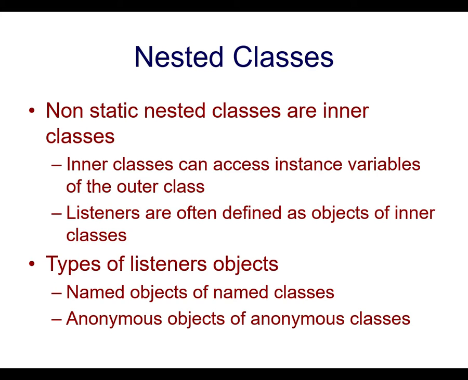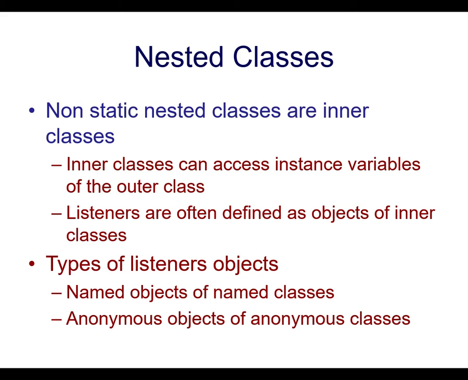Although the first version of Java did not include nested classes, they were included in version 1.1 at the same time that Swing and a new event model were introduced. There are two types of nested classes, those that are static and those that are not. Non-static nested classes are usually referred to as inner classes.